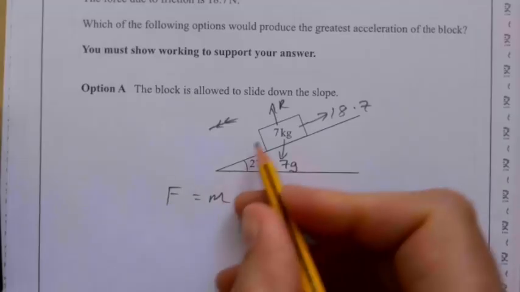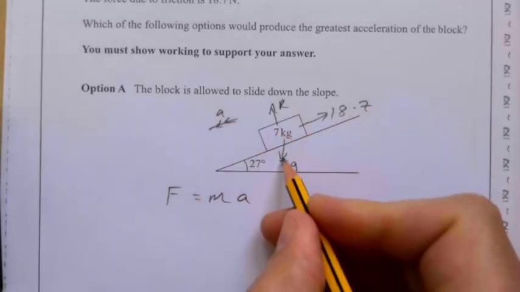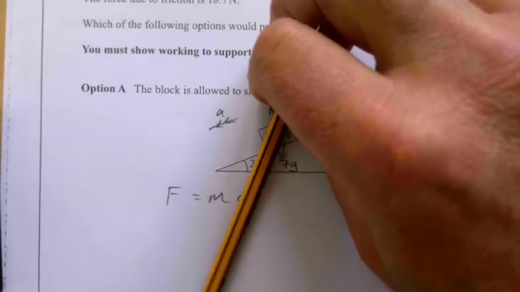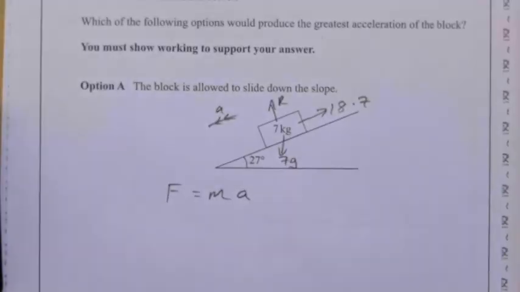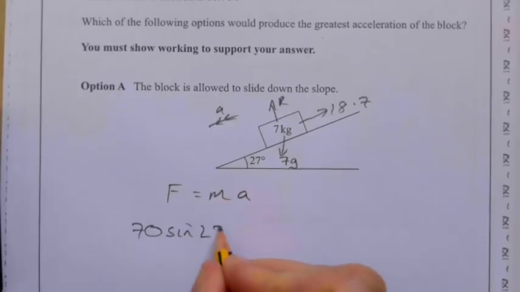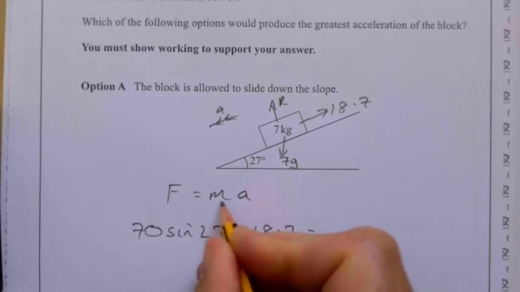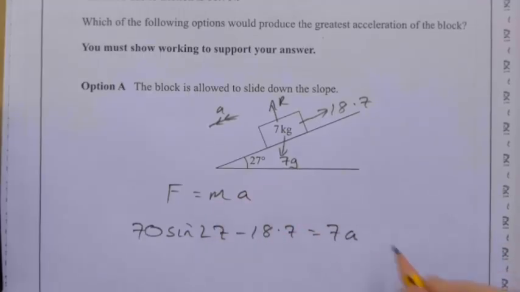What force is making this slide down the plane? Well, it's got to be the 7g, so it's 7g sine slope, so 70 sine 27, take away 18.7 is mass times acceleration, and it's 7a.